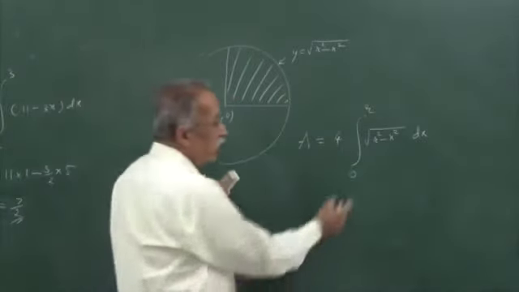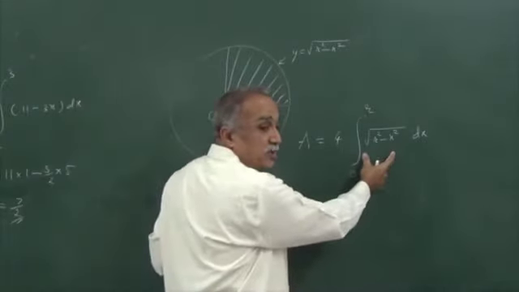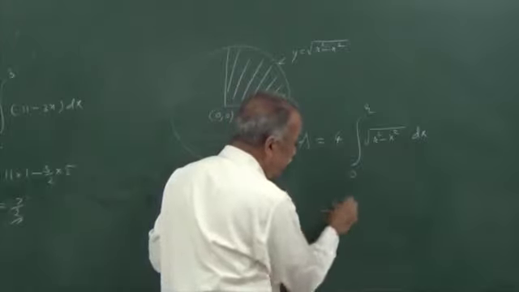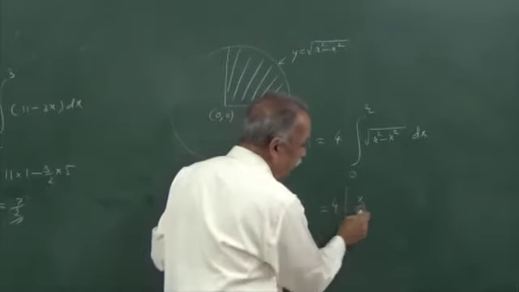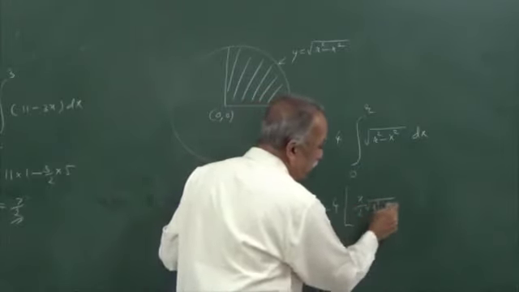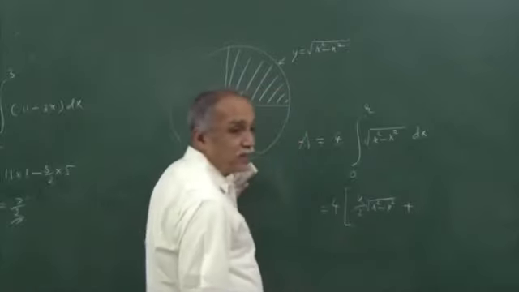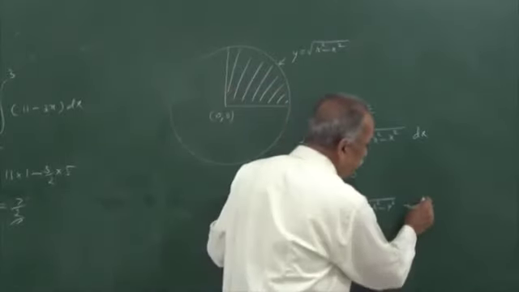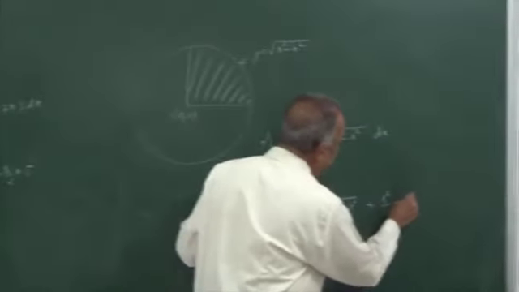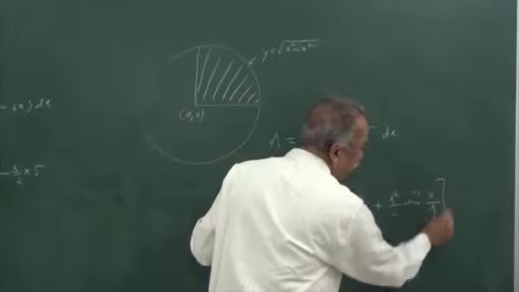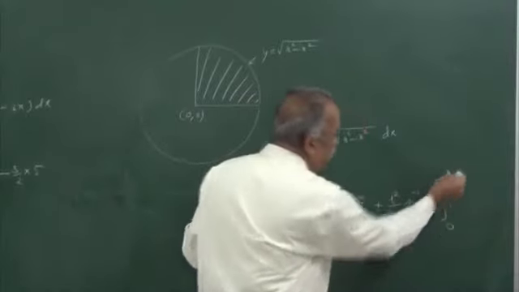You have a ready-made formula for integrating root of r square minus x square? Yes, apply it. The formula is x by 2 into root of r square minus x square plus r square by 2 into sine inverse x by r. Am I right? Limits are 0 and r.